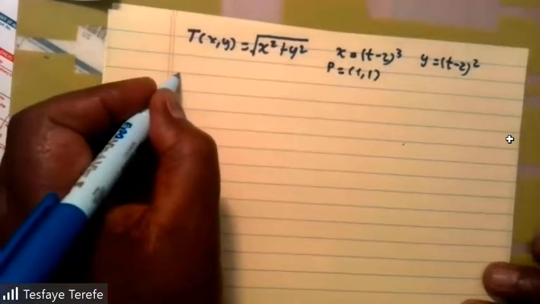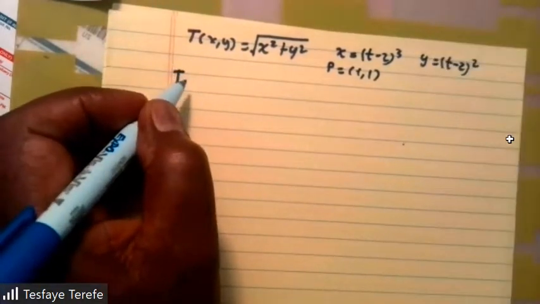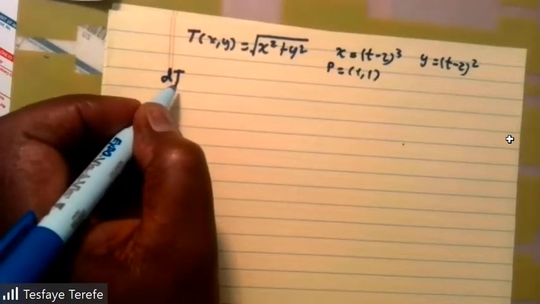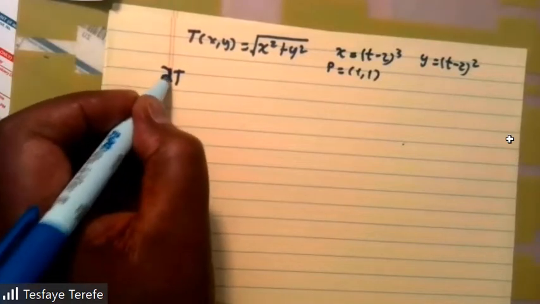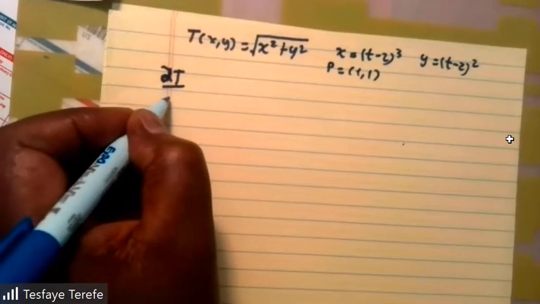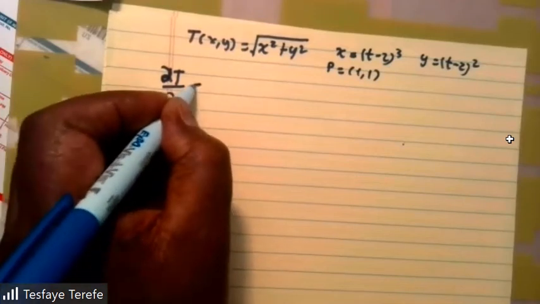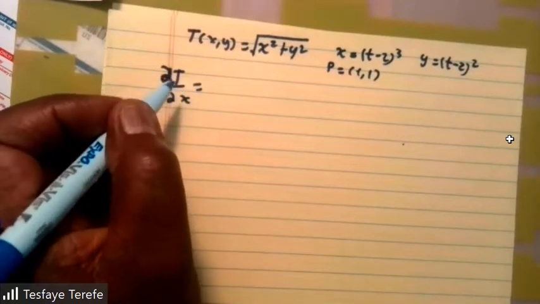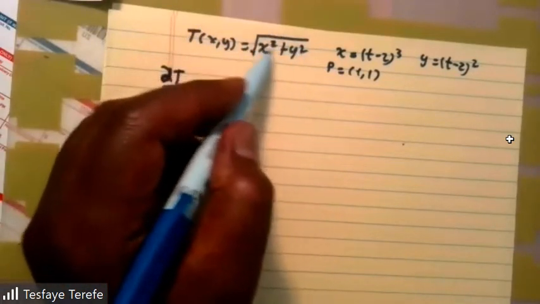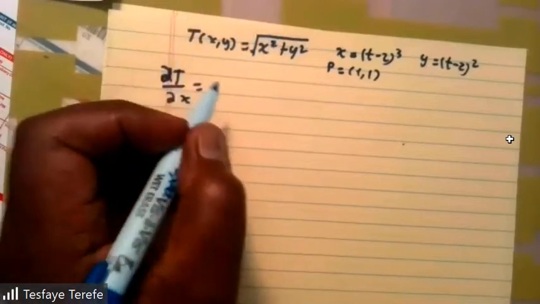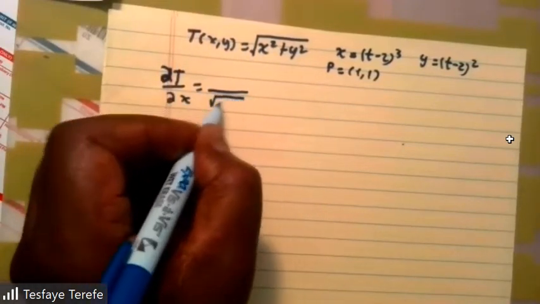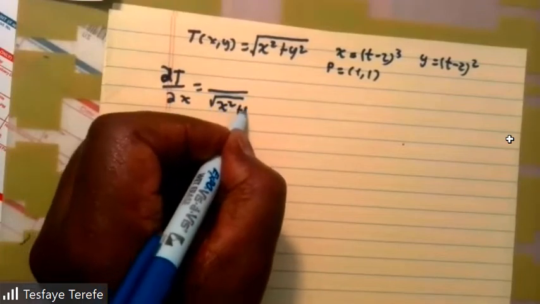So first find the derivative with respect to x. And that will be, you remember the radical, the derivative of the square root is 1 over 2 times the square root of that quantity.